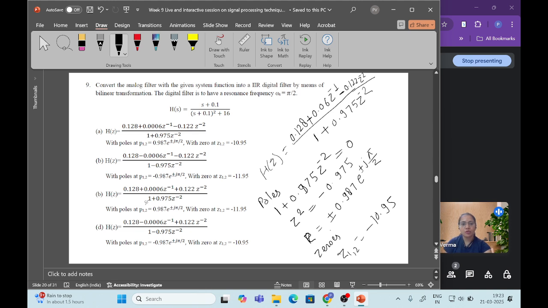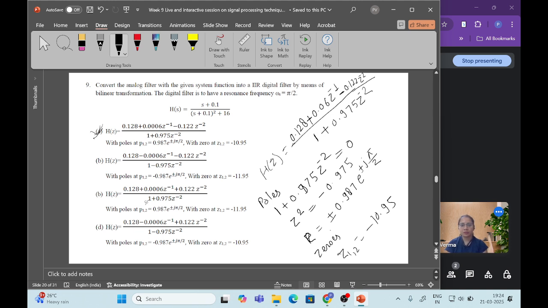Put the denominator part equal to 0 and the numerator part equal to 0 to get the poles and zeros, and find out the z values. So from here you see that the correct answer is minus 10.95 and 0.987 e to the power. So option A is the correct answer for this question.